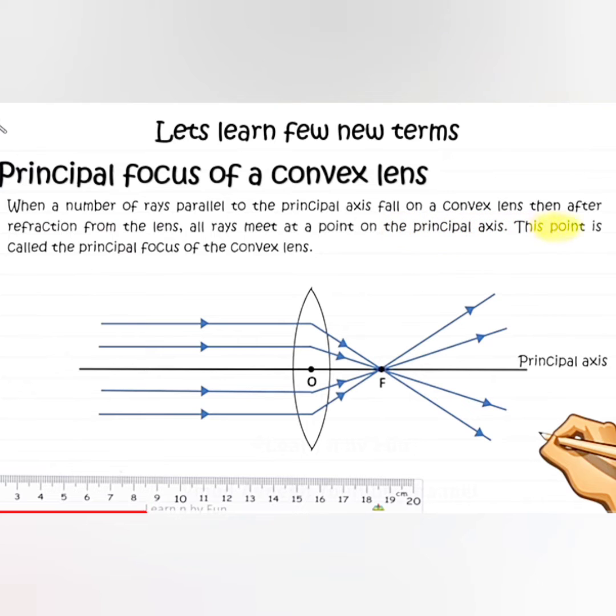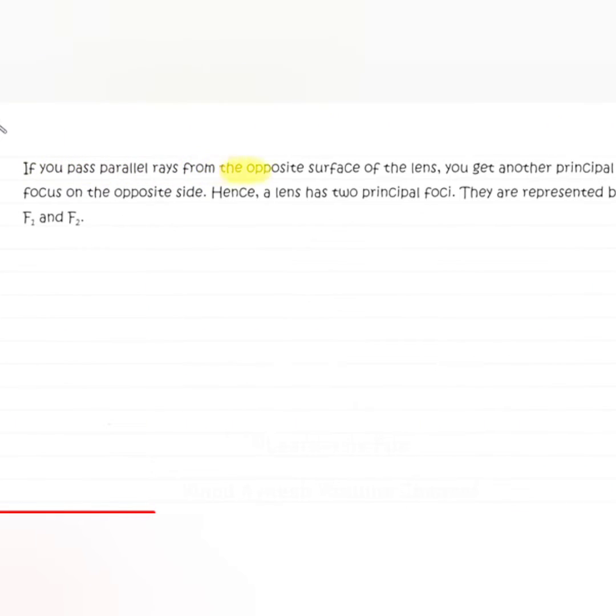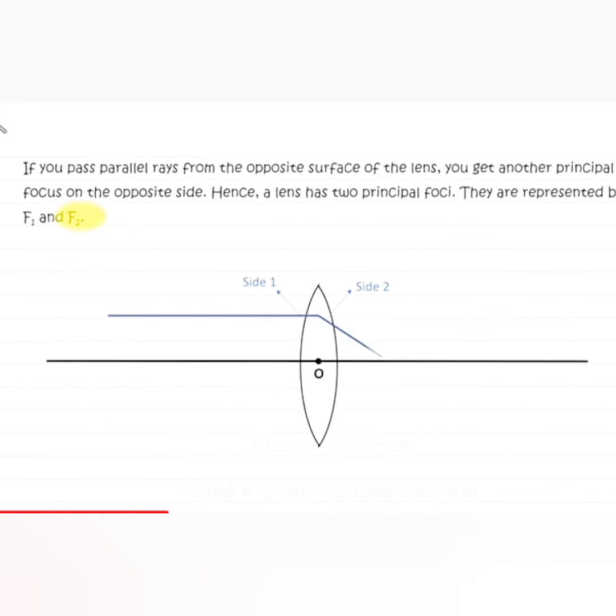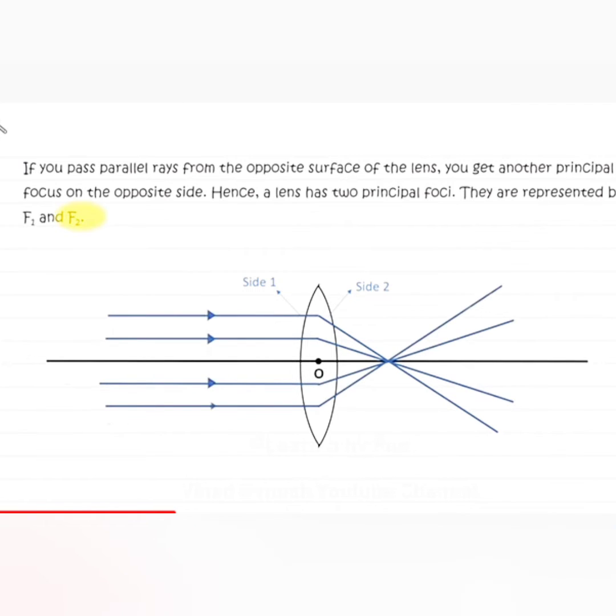Now you have to remember another important thing: if you pass parallel rays from the opposite surface of the lens, you get another principal focus on the opposite side. Hence a lens has two principal foci, represented by F1 and F2.